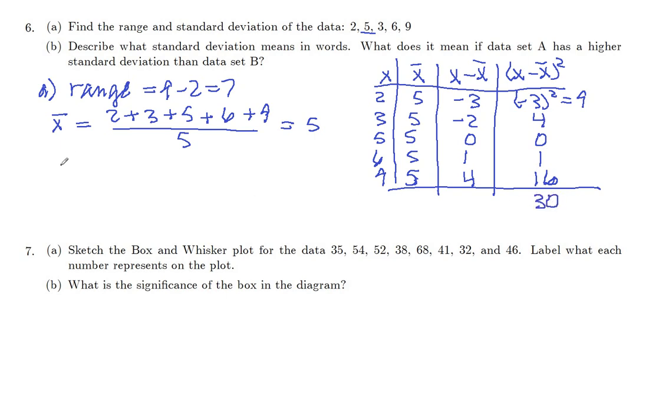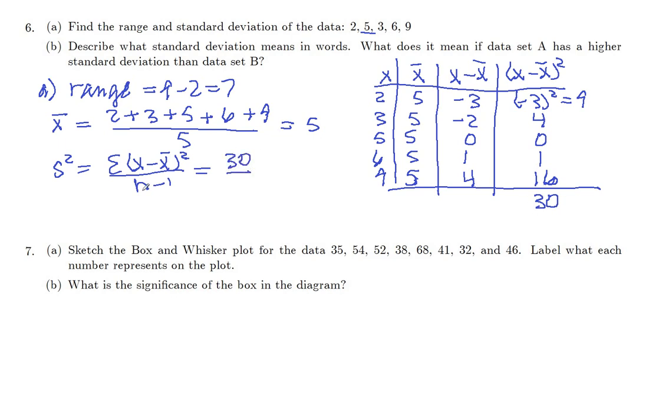So then our variance, s squared, is the sum of the x minus x bar squared divided by n minus 1. So the sum of the squared deviations, that's the 30.